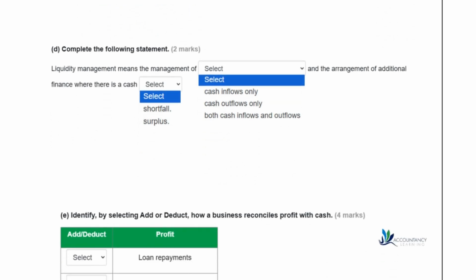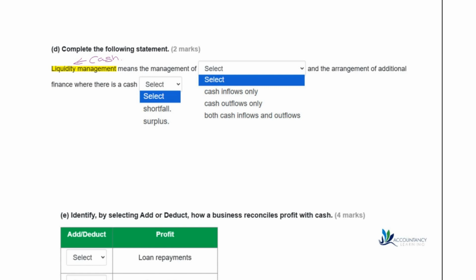Part D, we've got another statement to complete. Liquidity management means the management of cash inflows only, cash outflows only, or both cash inflows and outflows, and the arrangement of additional finance where there is a cash shortfall or surplus. So remember we've just said that liquidity is all about cash and availability of cash.